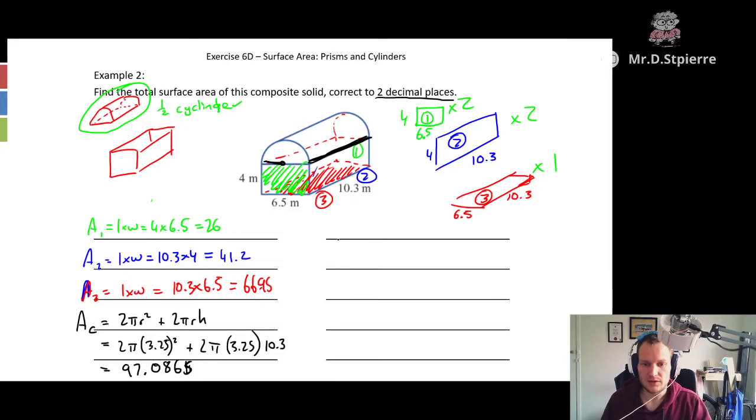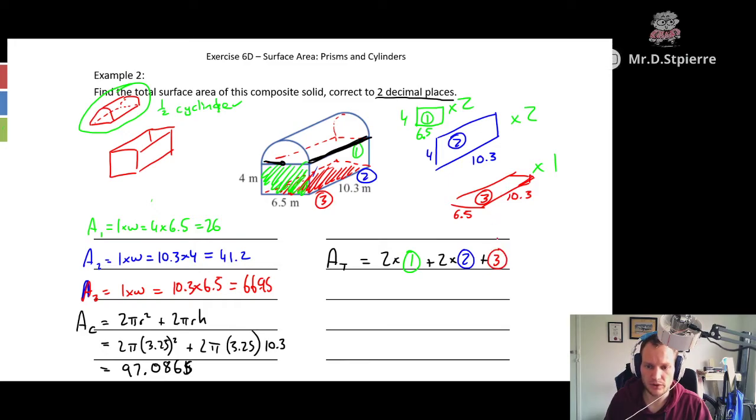Okay. So we found all the individual bits. So what's our area total? Our area total is equal to 2 times area 1 plus 2 times area 2 plus, oh no, there's only one 3.